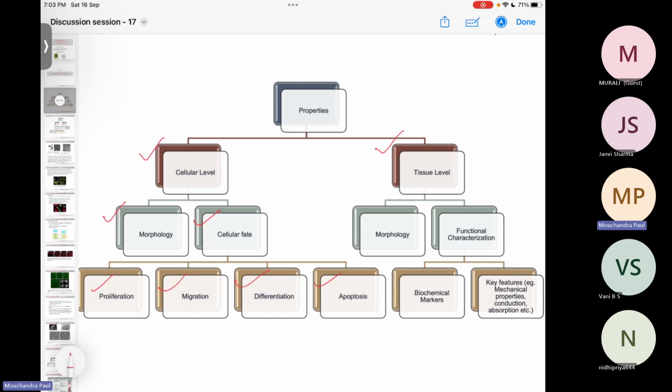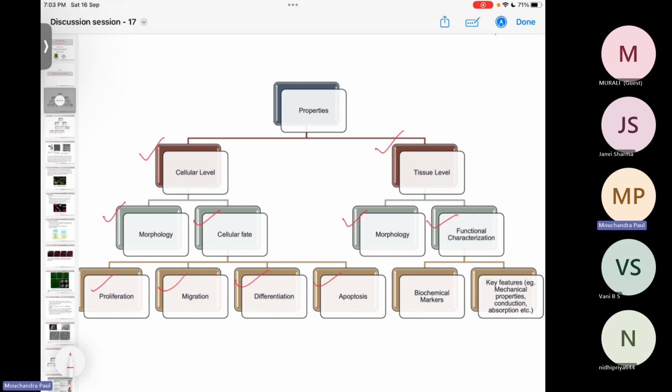At the tissue level, cell and ECM make a tissue. So when a cell and ECM together have formed a tissue, we also rely on its morphological characteristics. So we observe morphology, and we also try to see whether or not the tissue is able to give some function, so we characterize its functions.